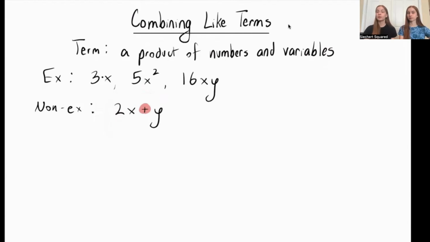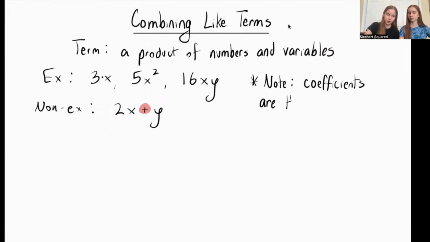Now, something really important, not just in this video, but going forward, a very important mathematical term that a lot of people tend to forget about is something called the coefficient. I just want to put a little note off to the side. When we're talking about a coefficient or coefficients, those are the numbers that are being multiplied in the front.